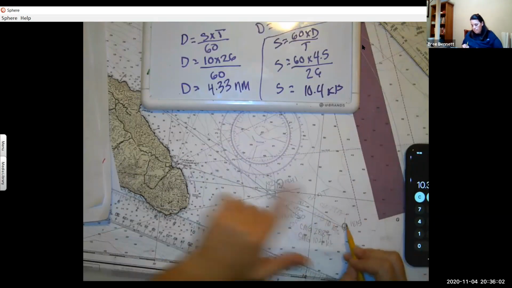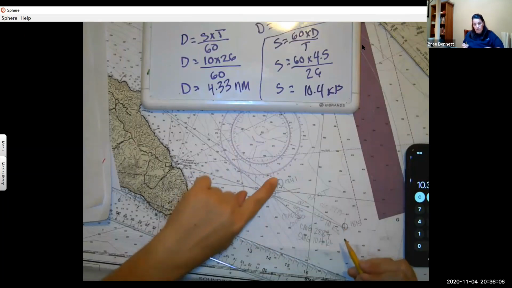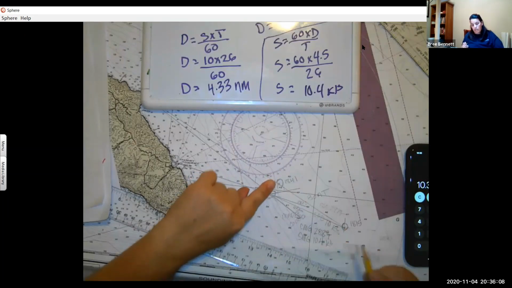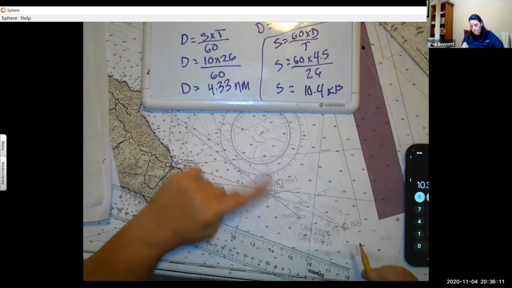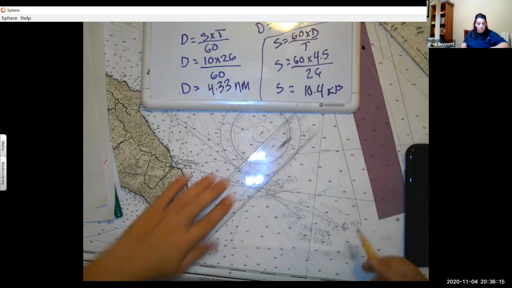So I got my boat, my made good, and now I need to figure out the third edge of our vector triangle, the current. So let's connect those lines.